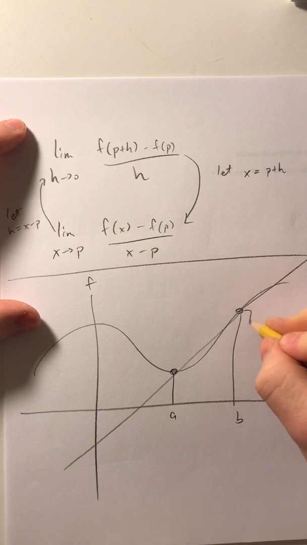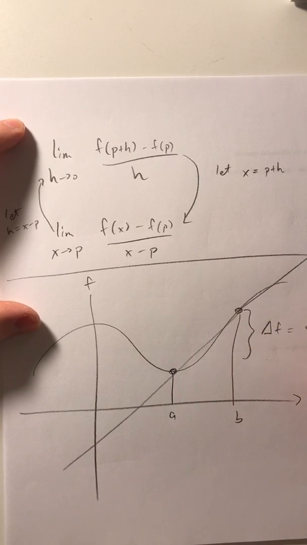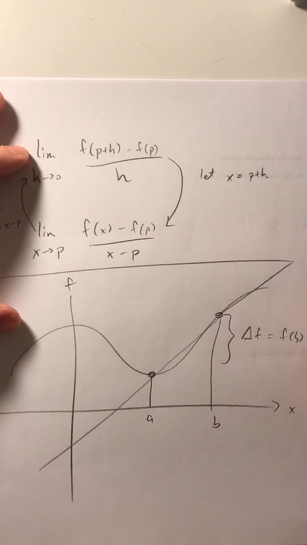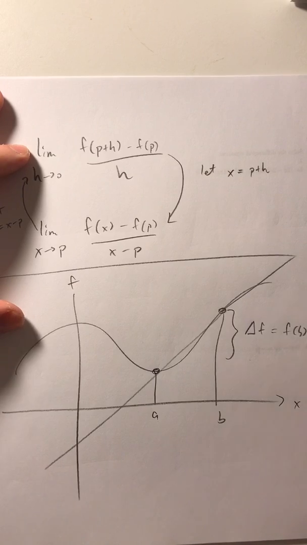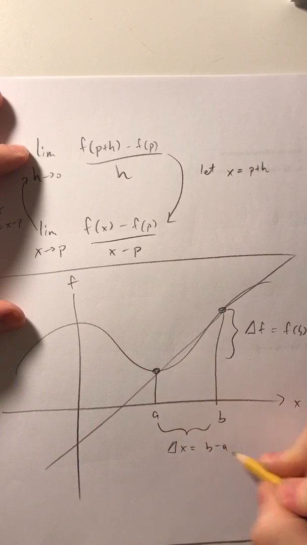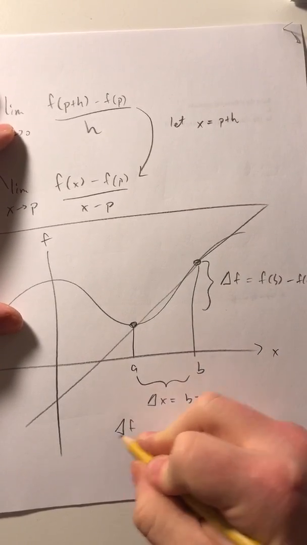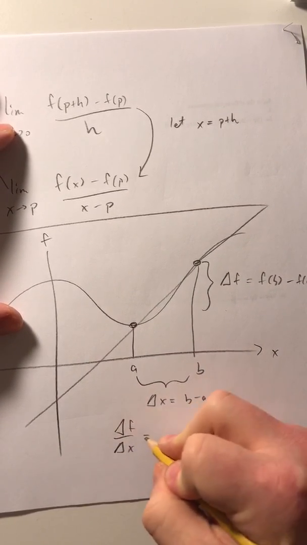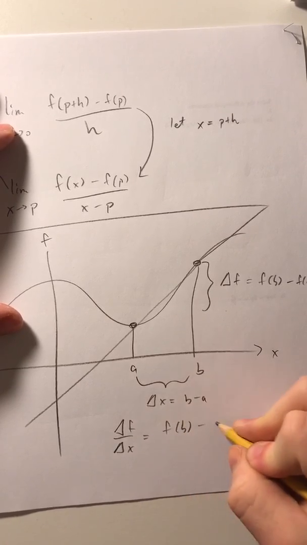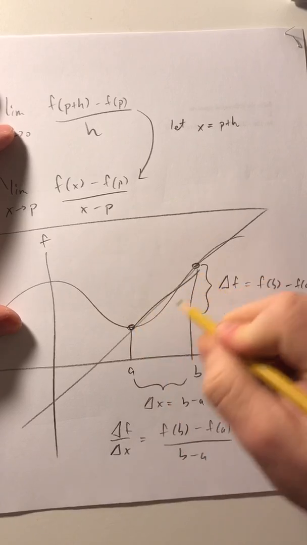So here I can look at delta f, which is the change of the amount of profit over this interval. And I can look at delta x, which is the change in the input. And I can look at the ratio. Delta f over delta x is f of b minus f of a over b minus a.